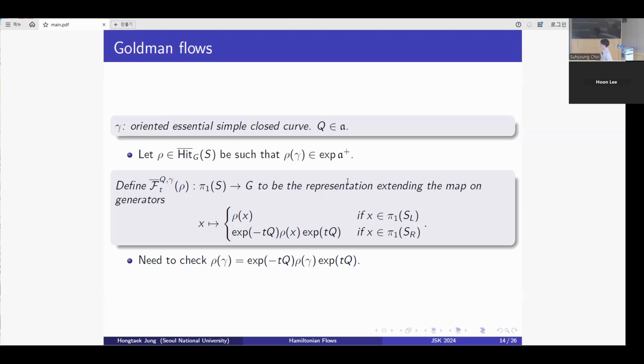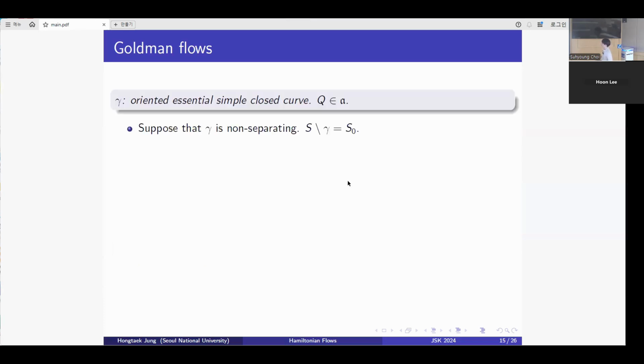So you just send the element from the left subsurface to itself, as it is, and send the right-hand subsurface to a conjugate by T of Q. And you can check that this map satisfies this condition because everything is commutative, and rho already satisfies it. You can just cancel them out because everything is commutative. So this gives you a well-defined representation of your whole pi1 of S into G.